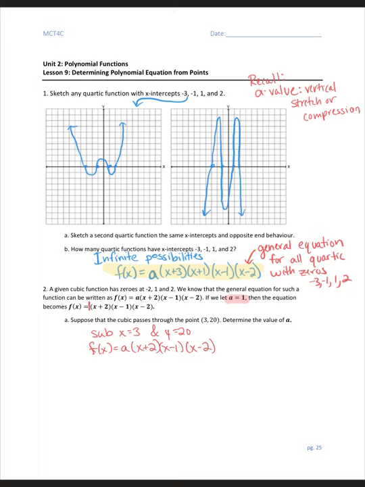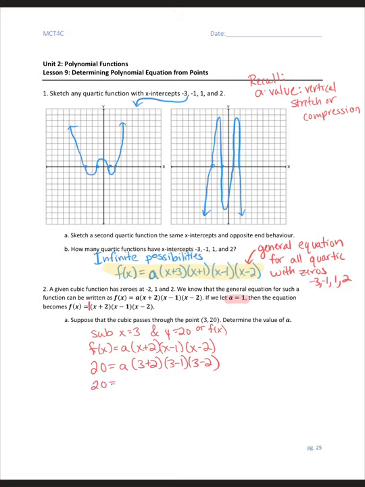Now we're going to substitute 3 in for x, and we're going to substitute 20 in for y, or f of x. Y and f of x are the same thing. So we'll substitute a 20 in on this side of our equation. We're going to leave a as a because that's what we're trying to find. And we'll substitute a 3 in for all of our x values.